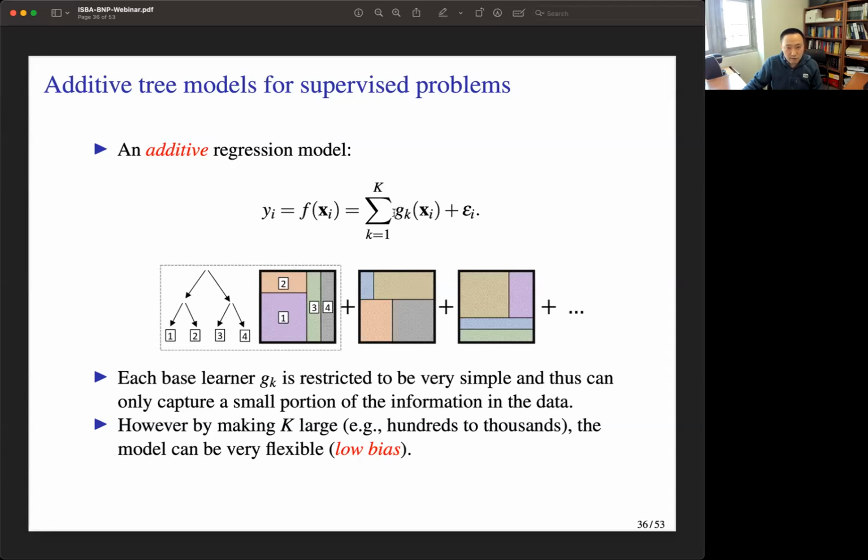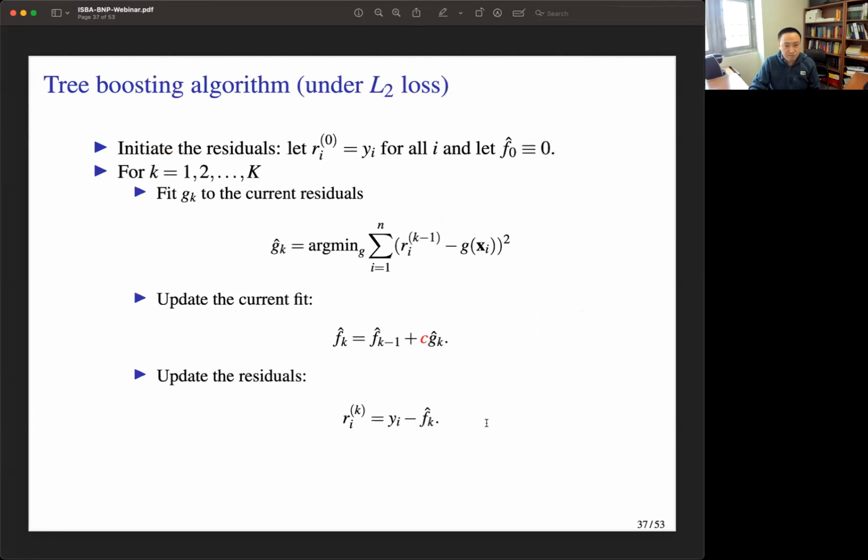And by enforcing each of these g_k, the base learners, to be weak, in the sense that they cannot have too many blocks and they cannot deviate too much from zero, you can make sure that each weak learner has very low variance. But at the same time, by aggregating a huge number of them, you can also reduce the bias. So at the end of the day, you get low bias and low variance, right?